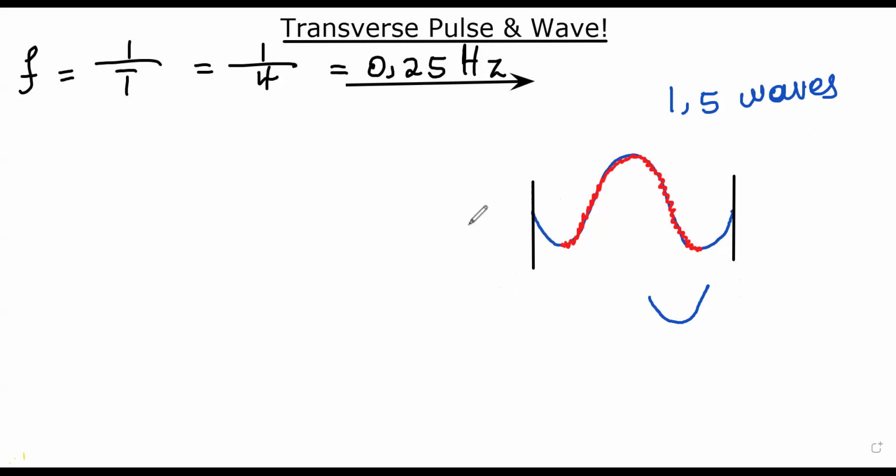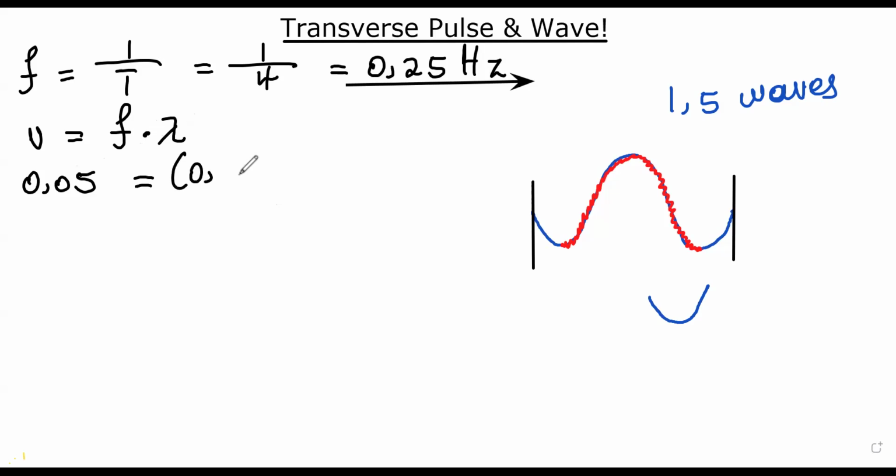But now we need to begin by finding the wavelength of one wave, and then we can get to 1.5 waves by using the wave speed formula, saying speed is frequency times the wavelength. And the speed is given to us as 0.05.